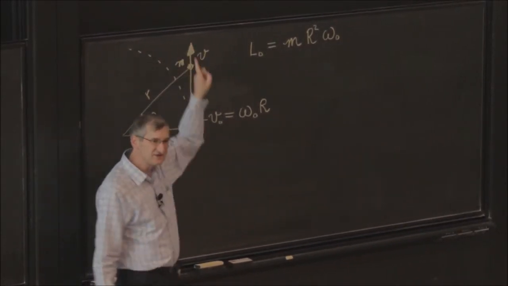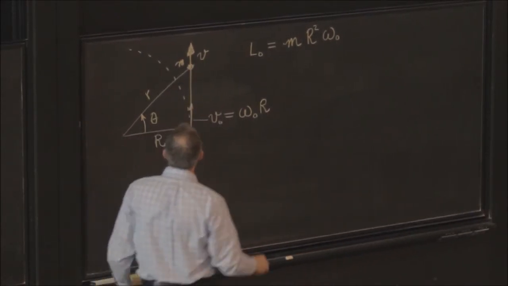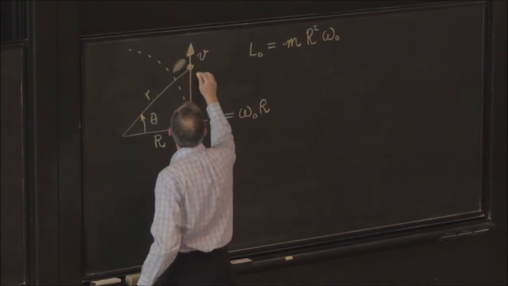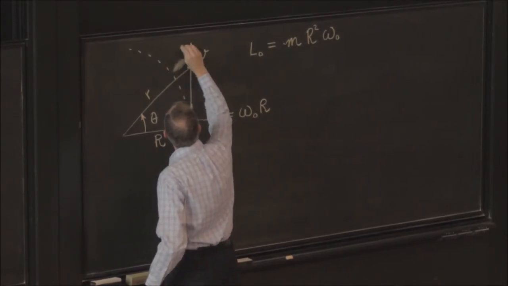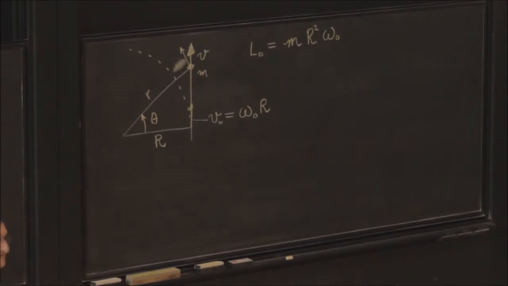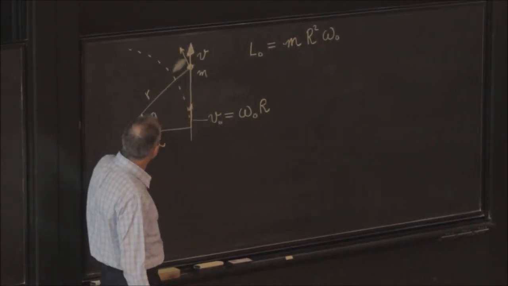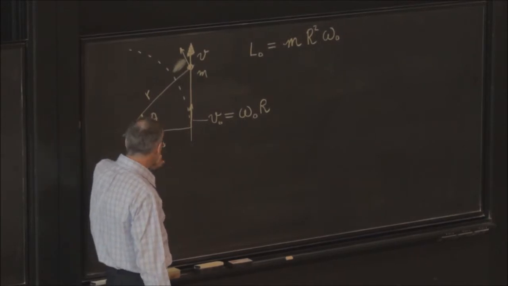If it's going up, that's not going around. There's only a component of the velocity that's going around, right? It's going to be that component of the velocity that corresponds to going around.